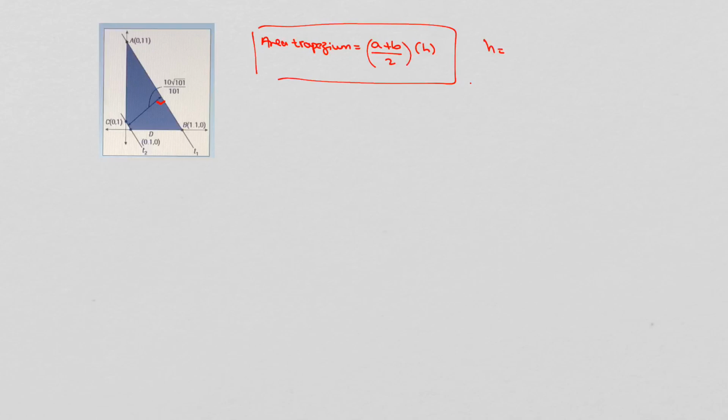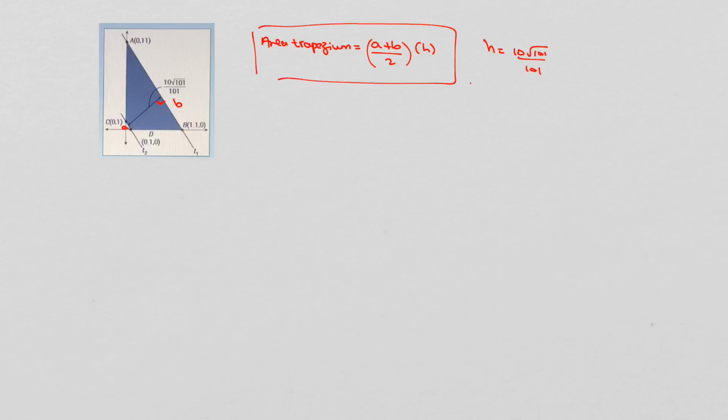So, of course, when we're getting the area of a trapezium, our rule is A plus B over 2 times h, where h is the perpendicular height. So we already have h, it's 10 root 101 over 101, which then means that I need my A and my B, right? So my A and my B are the lengths of the two parallel sides.